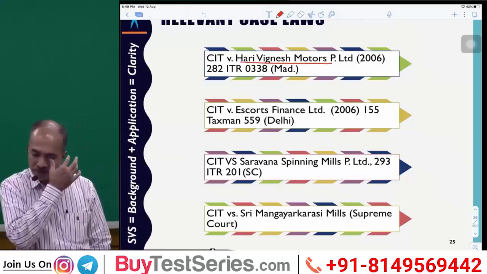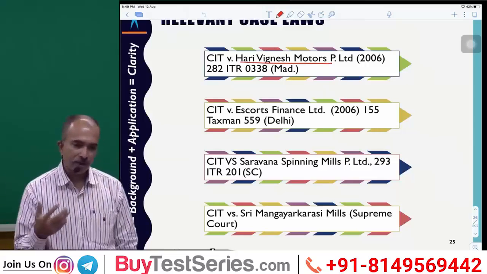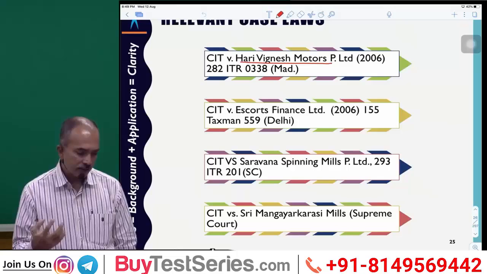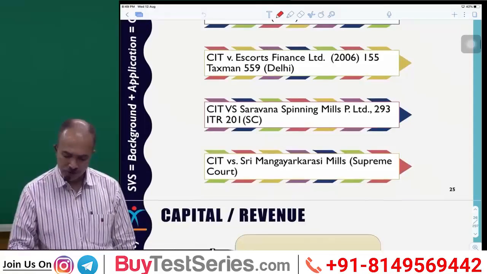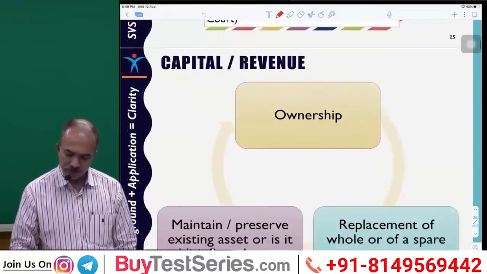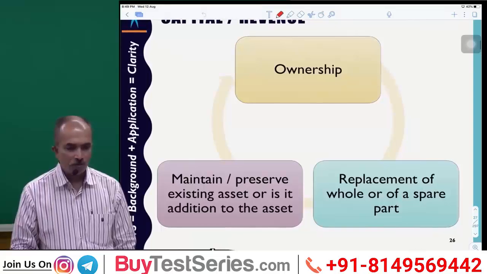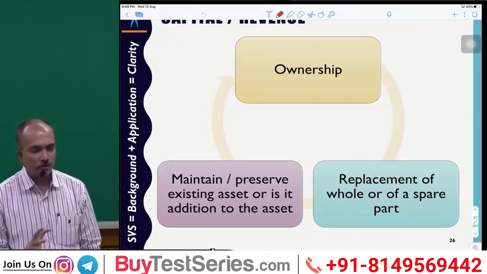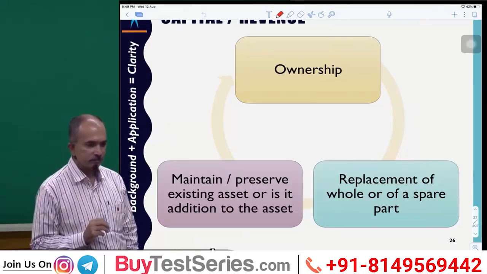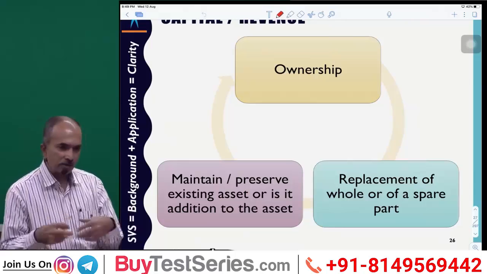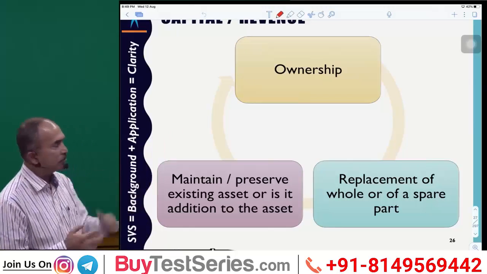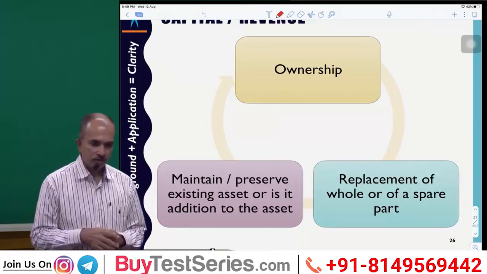So here we find that if I am trying to sum up the various situations of capital versus revenue, what factors can I broadly identify? See, if I look at these case laws and our discussion, 3 points come to my notice. 3 critical points.